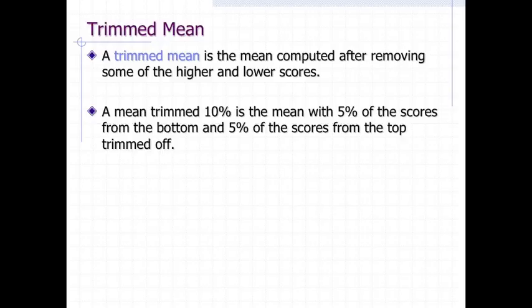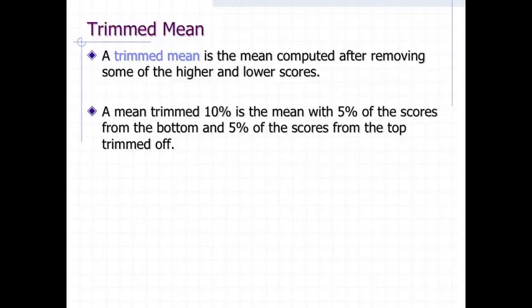The third measure of central tendency we'll discuss in this section is the trimmed mean. The trimmed mean is computed by removing a specified proportion of scores from the top and the bottom of the distribution and computing the mean of the remaining scores. As a result, the trimmed mean is less influenced by extreme scores than is the arithmetic mean.